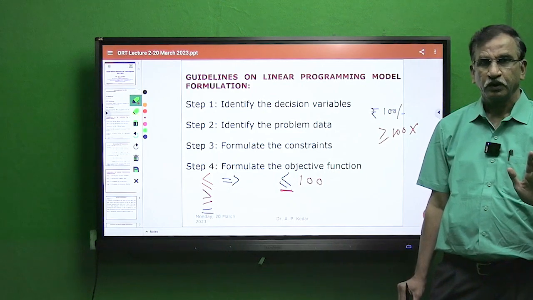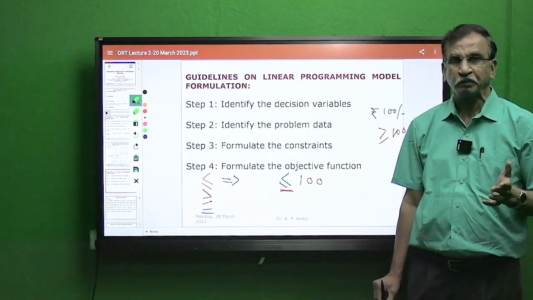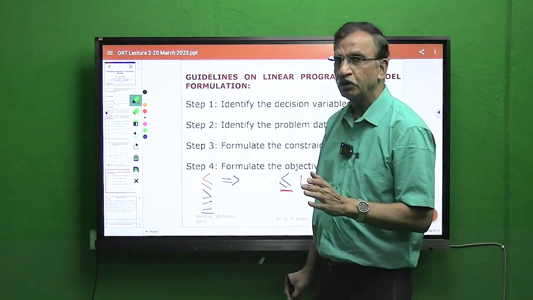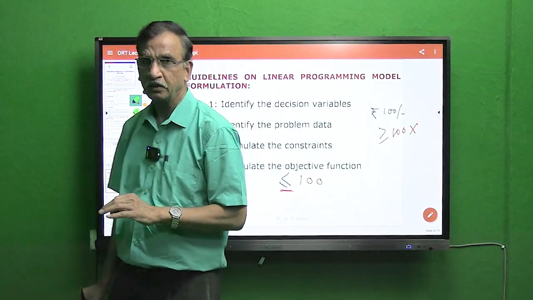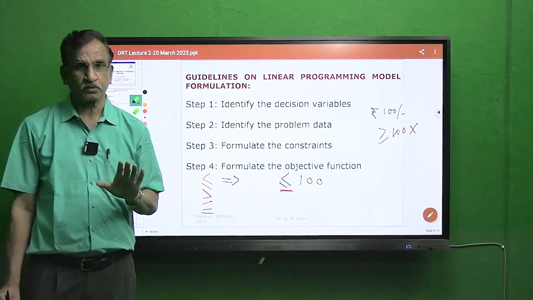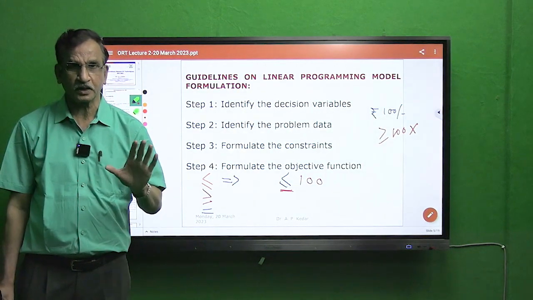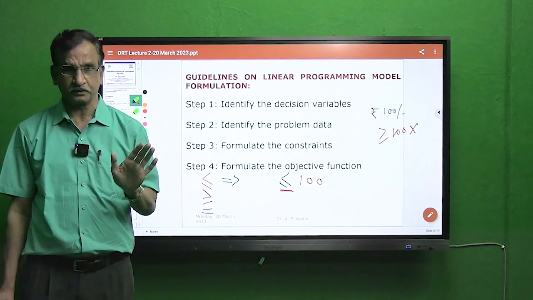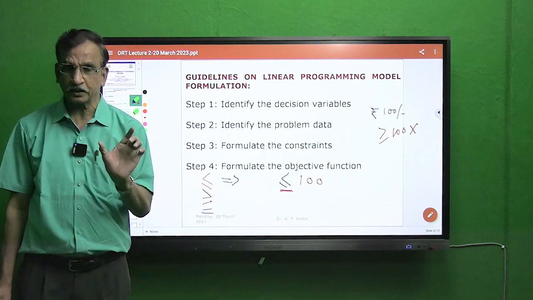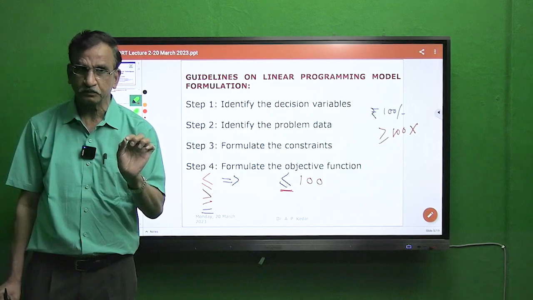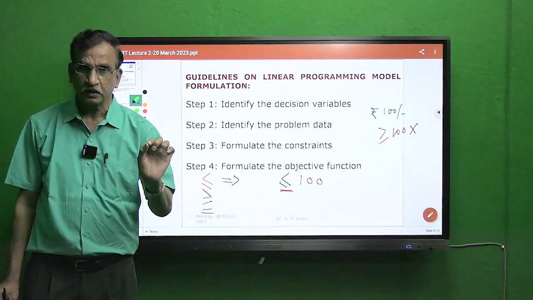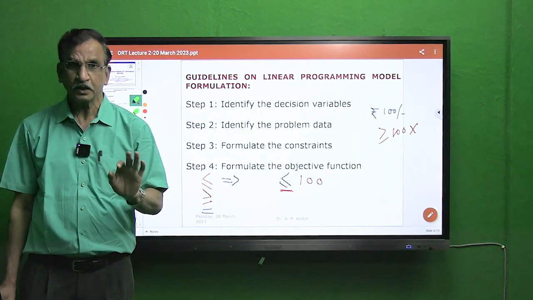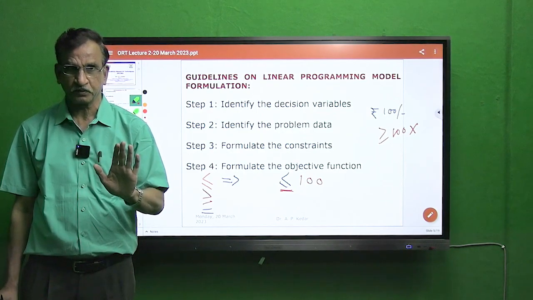Got it? Or take another case, with English words like not more than. The availability of raw material for the task is not more than 100 kgs. Focus on the words not more than, meaning maximum.